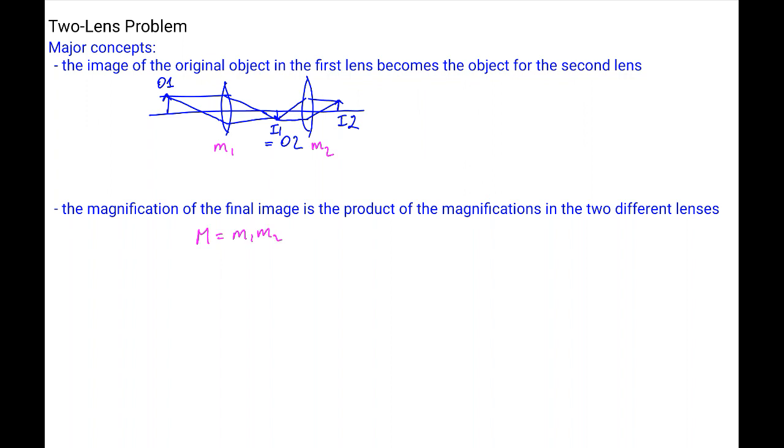And it all comes from height final divided by height original, where you have to take into account two different steps: height final through the second lens, height original through the first lens. It's just a matter of manipulating math equations, and you can see that that's the case.